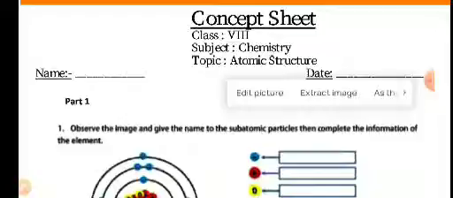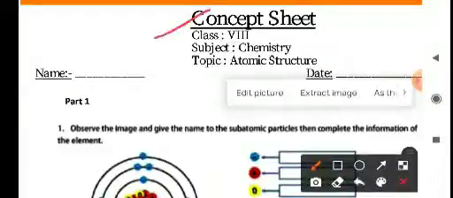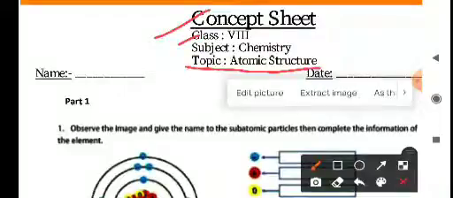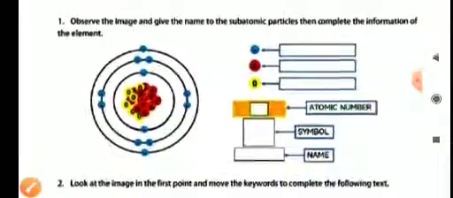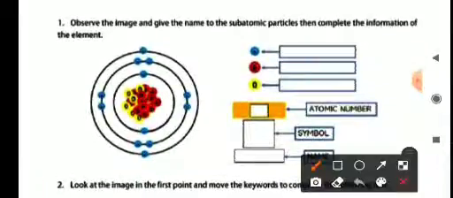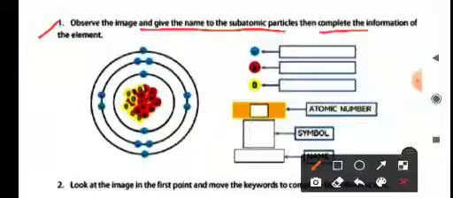In this class, we will discuss the questions of the concept sheet of class 11th, in which we will discuss the questions of the topic atomic structure. The first question is: observe the image and give the name of the subatomic particles, then complete the information of the elements.